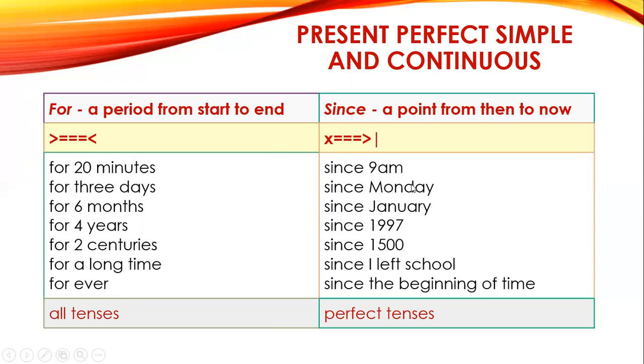However, in the case of since, which specifies a point, you can say since 9 a.m., since Monday, since January, since 1997, since 1500, since I left school, because it means that you left school on a specific day, specific moment, okay, or since the beginning of time, okay. So those are examples concerning present perfect simple and present perfect continuous with the uses of for and since.